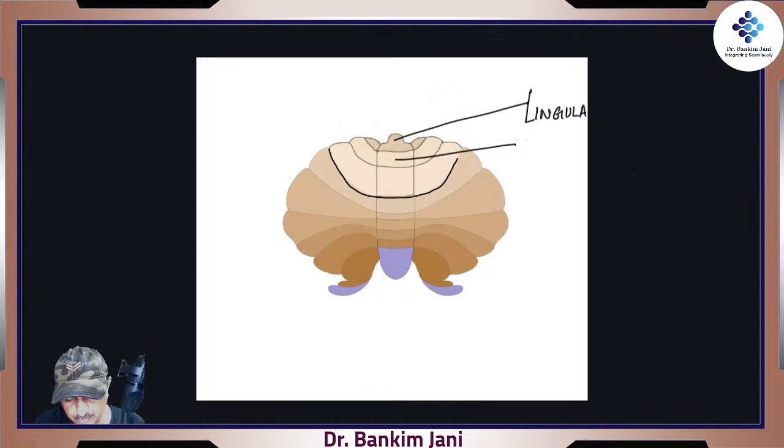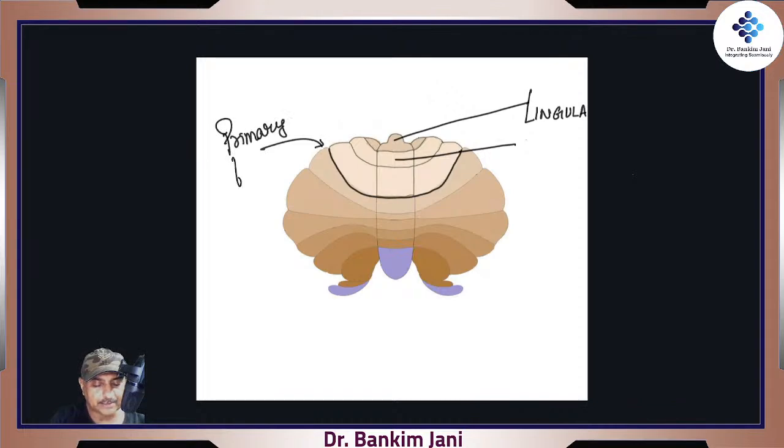this is our fissure, so it is the primary fissure. The moment we say this is the primary fissure, things are easy, because we are talking about above it, the anterior lobe. So the vermis of the anterior lobe has these parts.